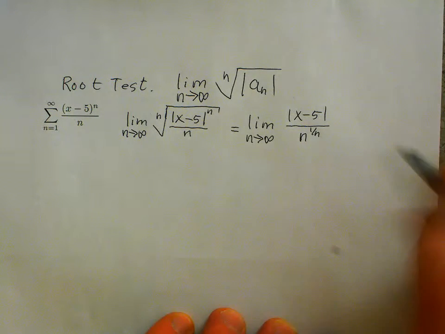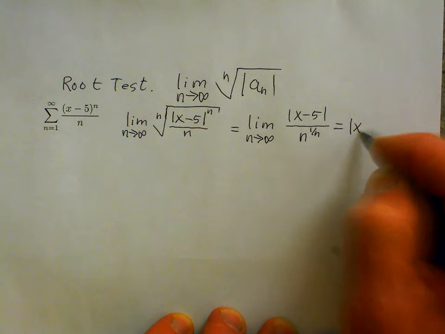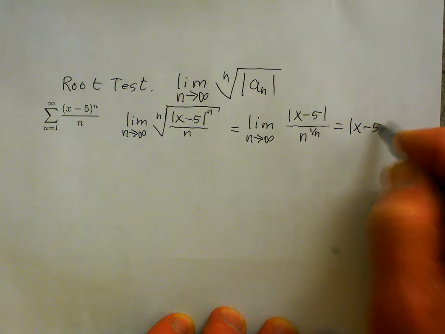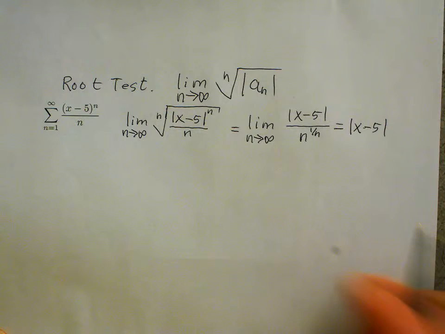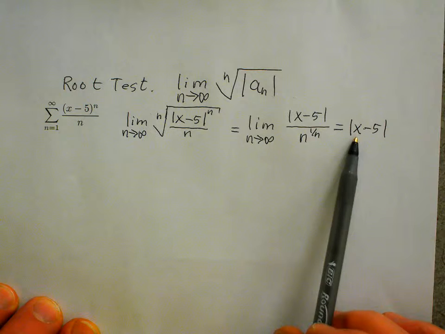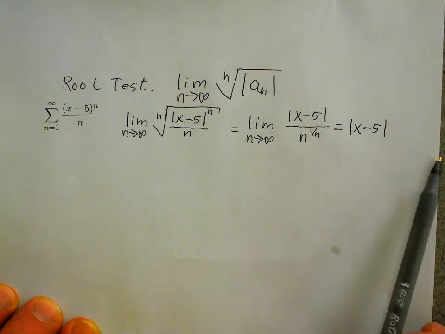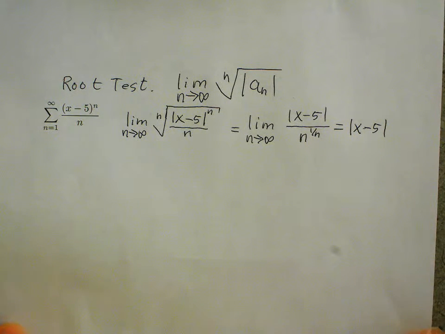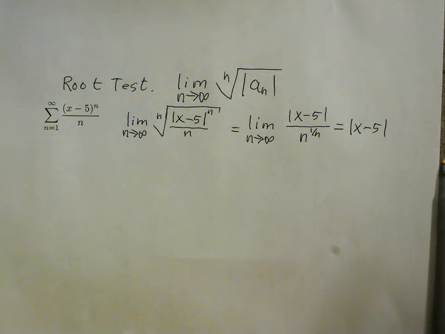So the limit of this is the absolute value of x minus 5. So using the root test, we set the absolute value of x minus 5 less than 1, and that will tell us what the open interval for convergence is.